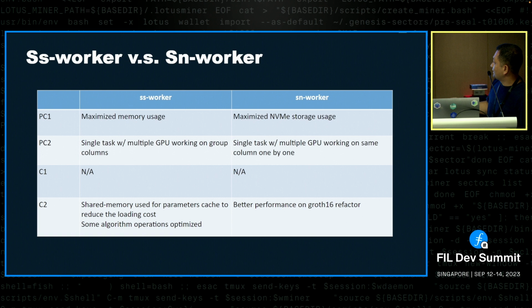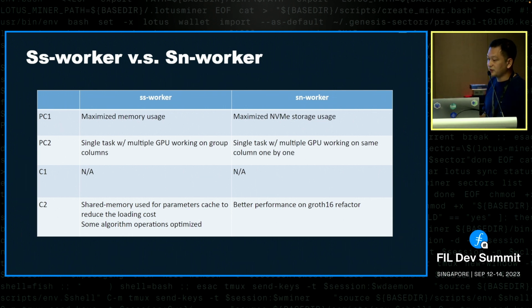For the supranational worker, it works with multi-GPU on the same column one by one. They are both on one task. For C1, it's the same.